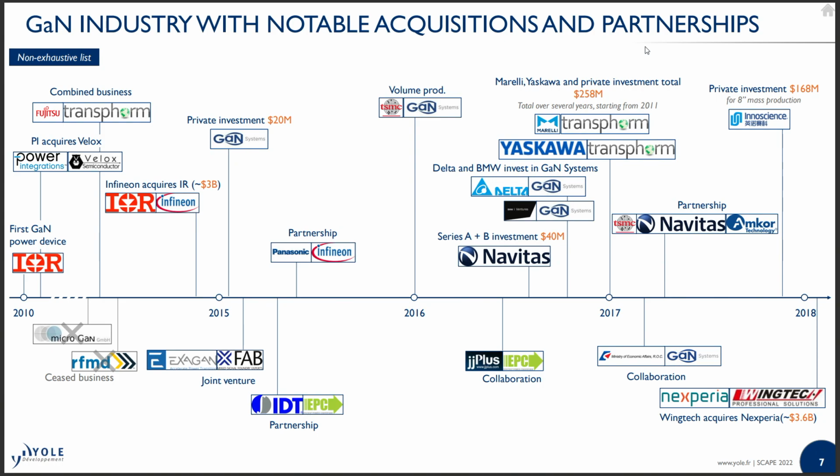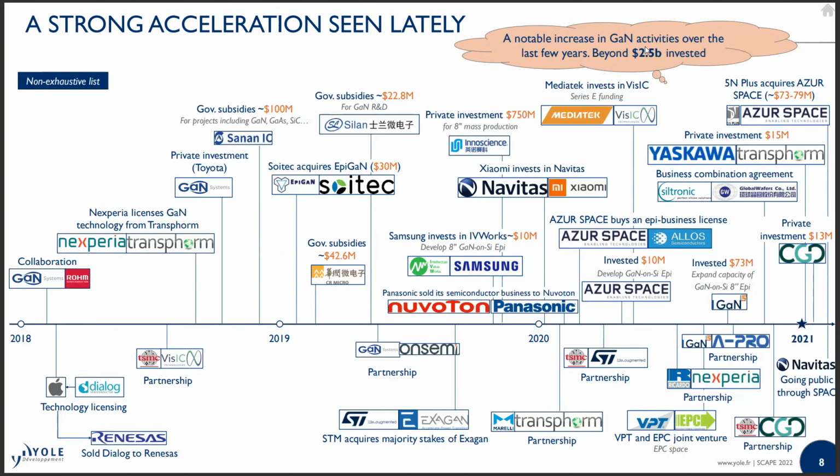We've seen a lot of startup companies, like GaN Systems and Navitas, really pushing GaN technology, being on the road, talking to the end system integrators, trying to show the value of the technologies, partnering with some players in the automotive industry, and getting some finance rounds to really establish the technologies.